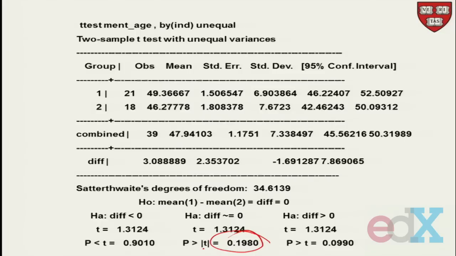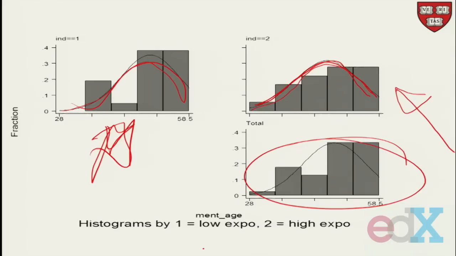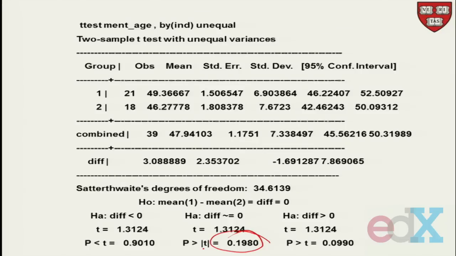So the point is that in this example, even though the normality assumption looks like it's quite violated, we still get roughly the same answer. So it looks like the t is a little bit more robust than we had first thought.